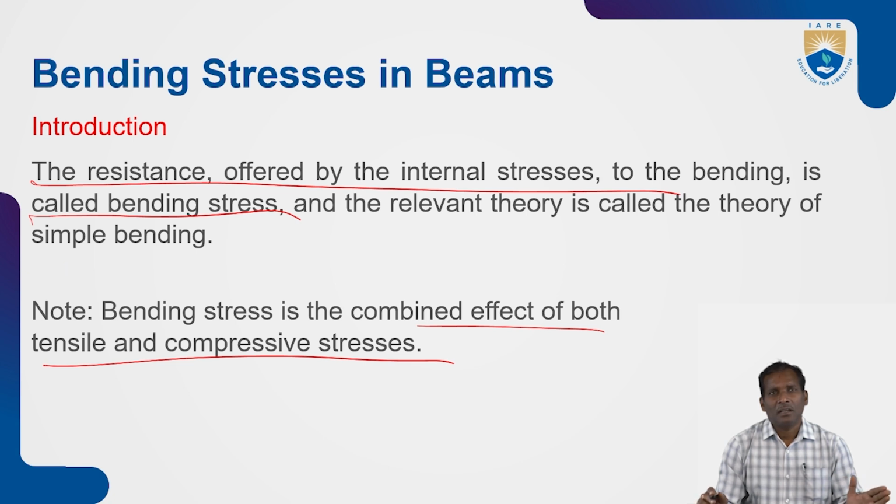Whenever the beam is subjected to loading, depending upon the type of loading and moments, the top layer undergoes compression and the bottom layer undergoes tension. Sometimes it is vice versa.